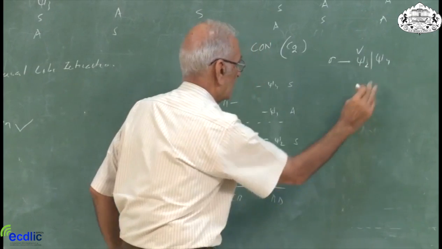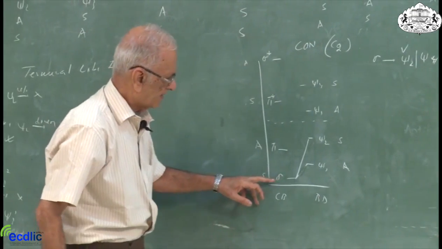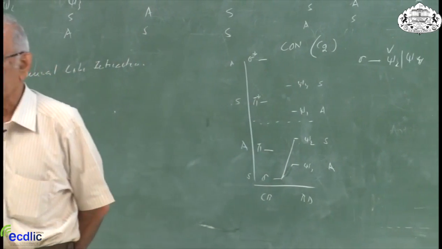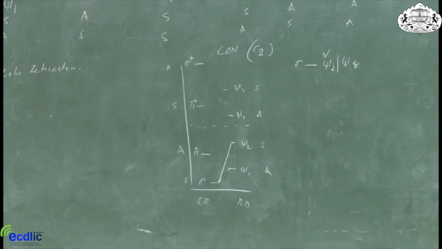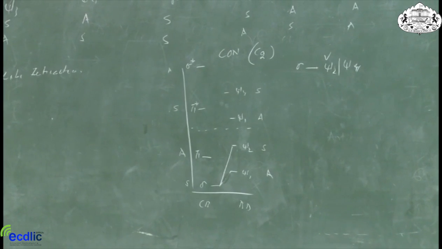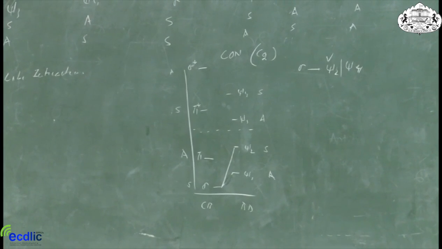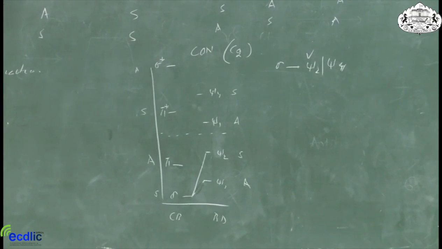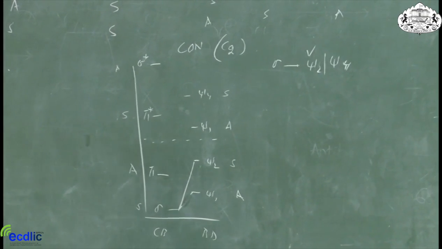Psi 2 or psi 4, sorry. Sigma is symmetric, psi 2 is symmetric, psi 4 is symmetric, therefore, I can join it to psi 2 or psi 4. The principle of minimum crossing tells us that I should join it to the orbital which is available and which is lowest in energy.